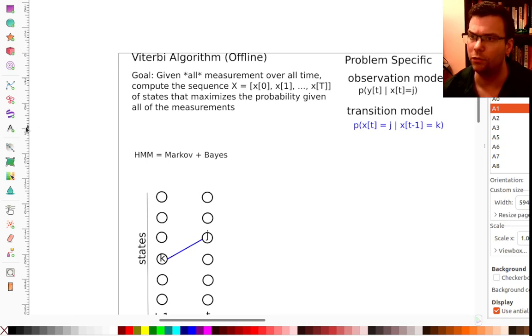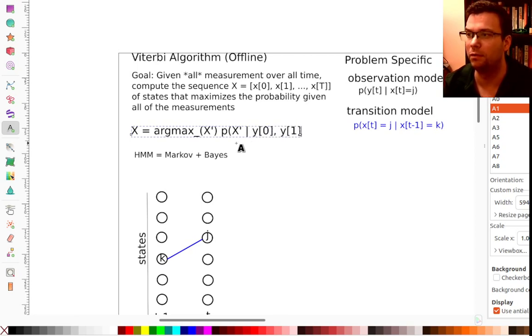To write this as an equation, I'm trying to find x equal to argmax over x prime of the probability of x prime given all the observations, y0, y1, all the way up to yt.